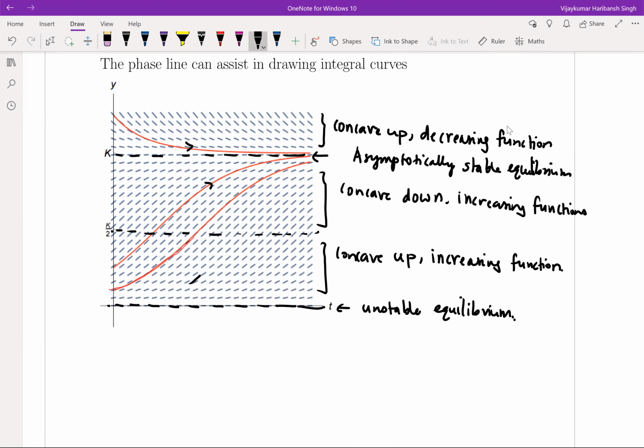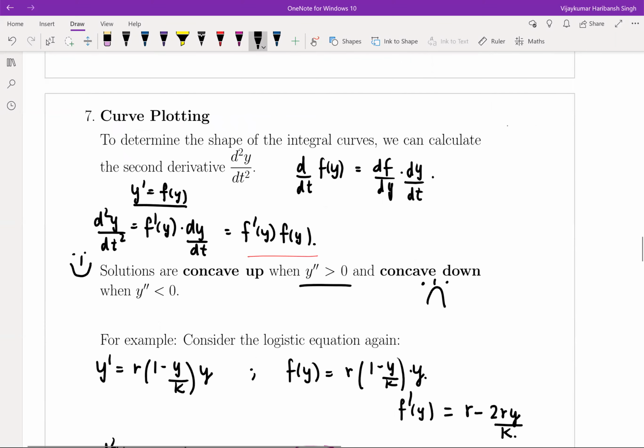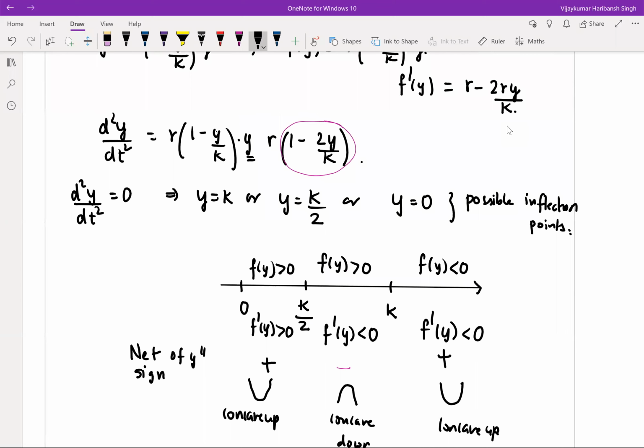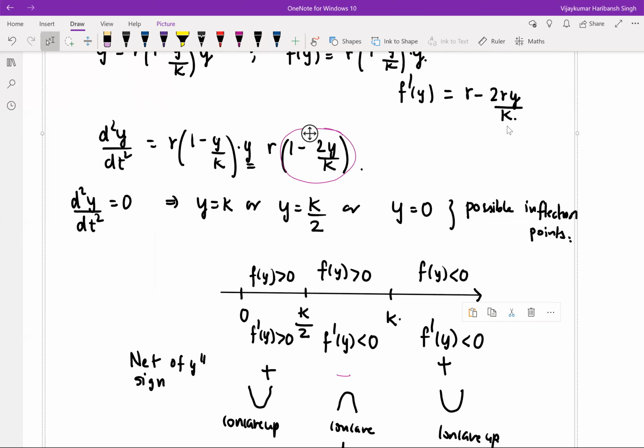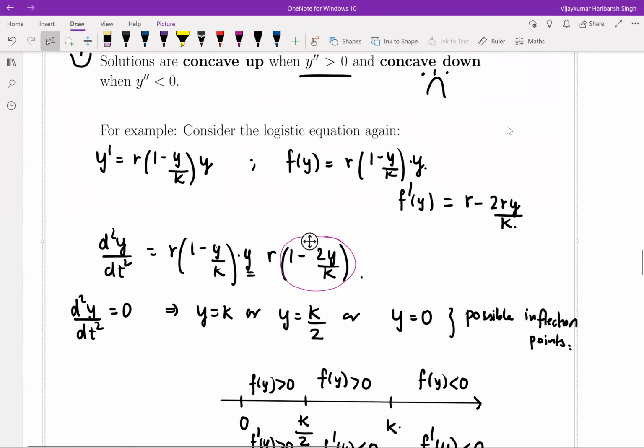Now from k/2 to k, the function is concave down, and dy/dt is positive, so it's again increasing.